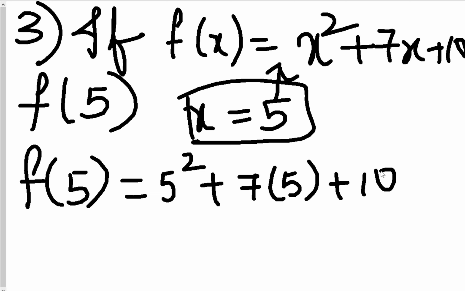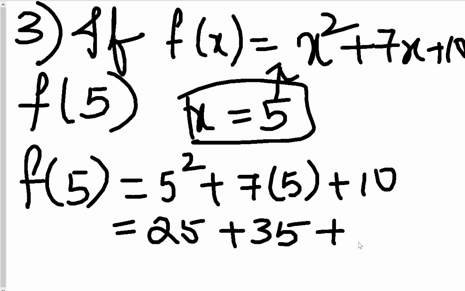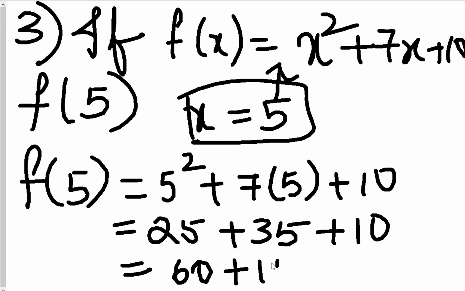So this is nothing but 25 plus 35 plus 10. Now tell me, what is this value? We have 25 plus 35 equals 60, plus 10. 60 plus 10 is nothing but 70.